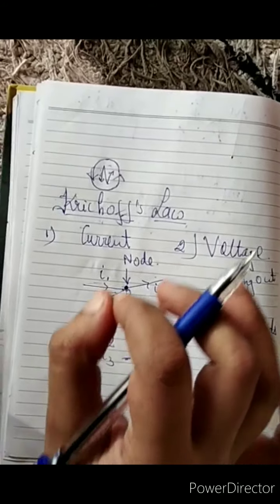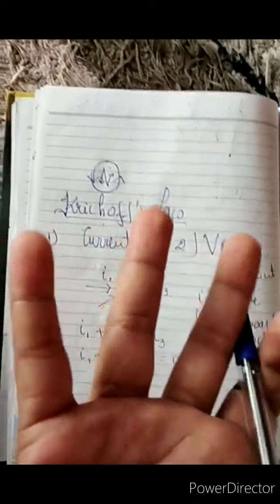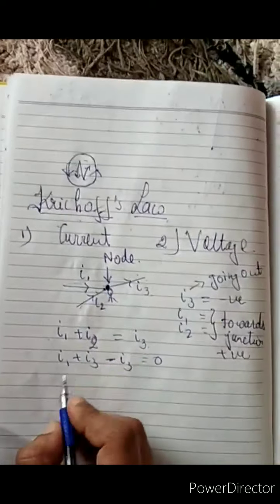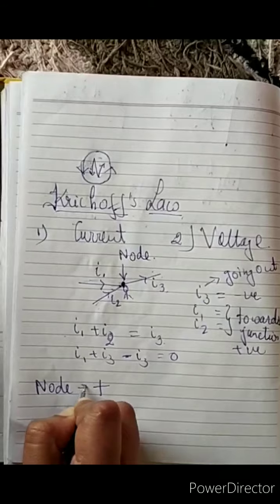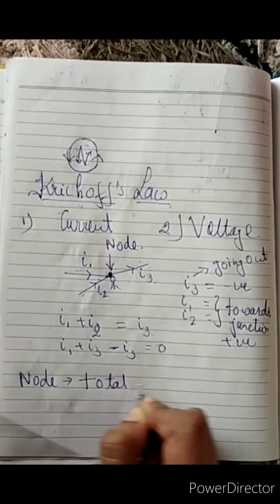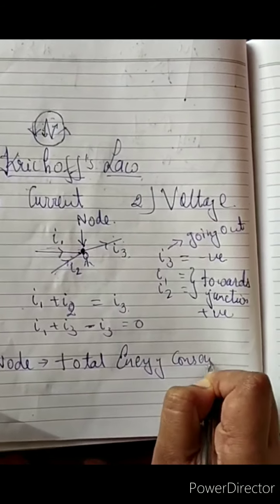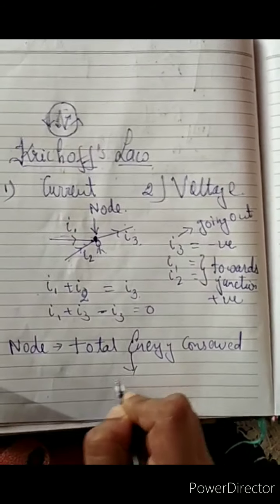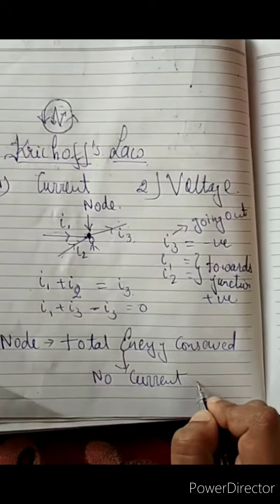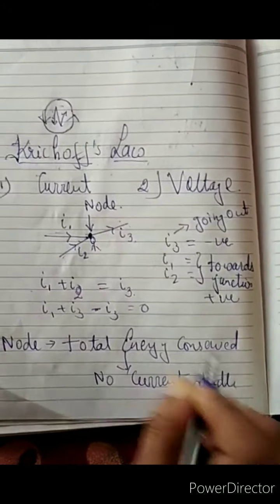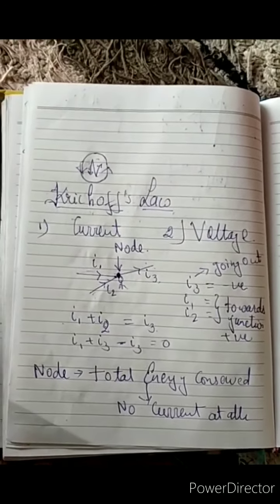So a junction or node means the point where total energy is conserved, or we can say no current at all at this point. This is called the junction point, where no current is there.